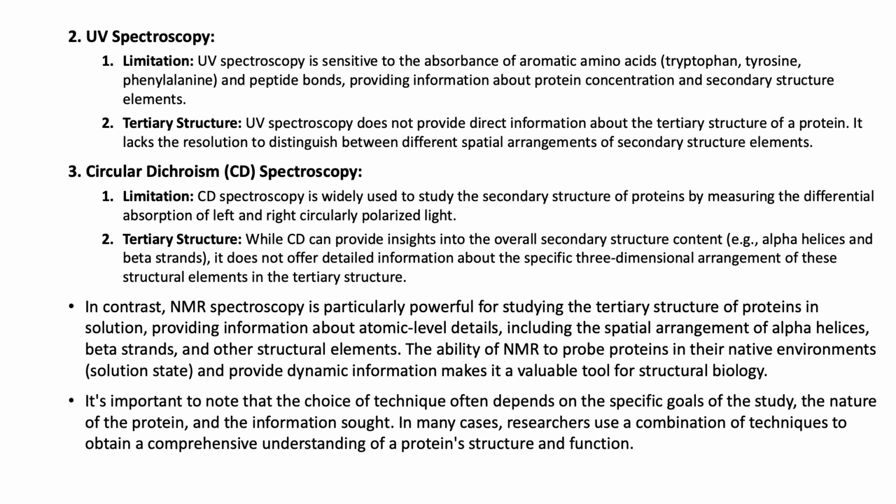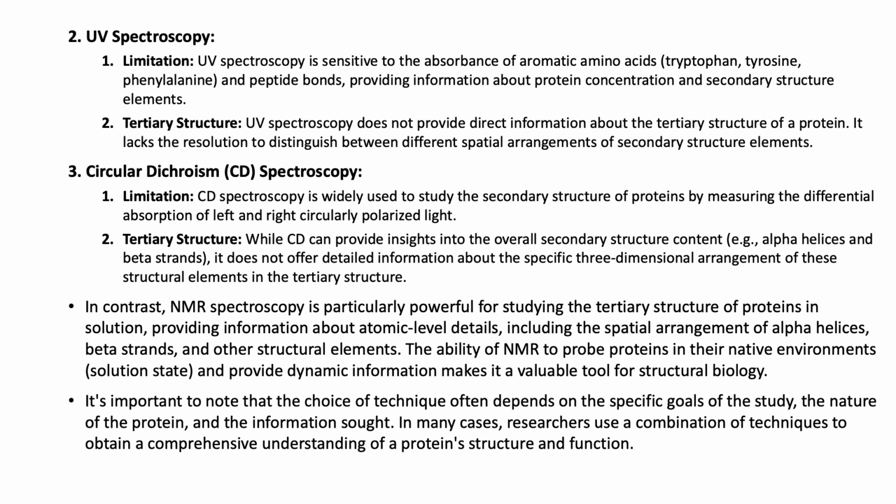And then CD spectroscopy is widely used to study the secondary structure of proteins by measuring the differential absorption of left and right circularly polarized light. Based on this difference, you would get to know whether there's an elliptical structure or not in the protein sequence, and different secondary structures like helices and beta sheets have a certain pattern for these elliptical structures.